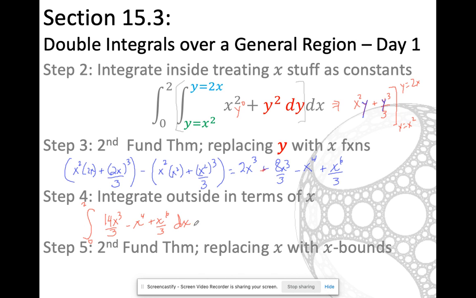Dx. And now I'm just down to Calc 1, integrating an x function, right? Dx, everything is in terms of dx, and these numbers are x numbers.